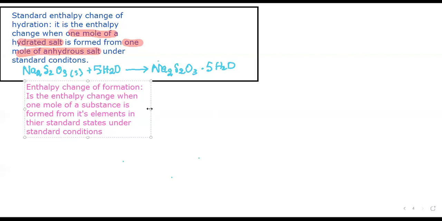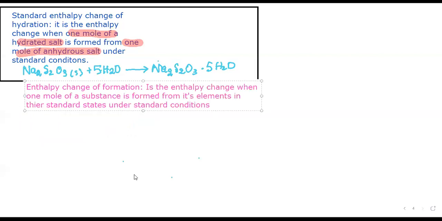Let's say I am trying to make carbon dioxide. If I make 1 mole of carbon dioxide from its elements, what are the elements found in carbon dioxide? Carbon and oxygen. If I take carbon and oxygen and combine the two to give me carbon dioxide, that is enthalpy change of formation.